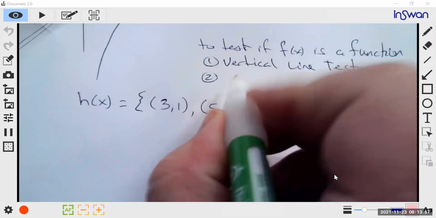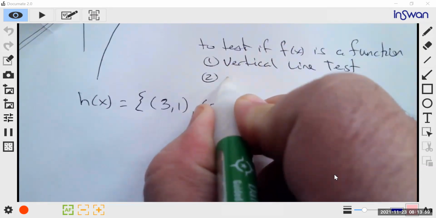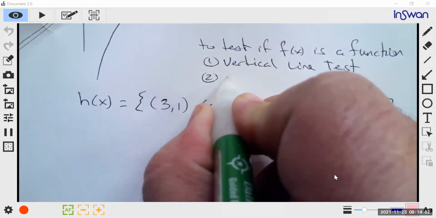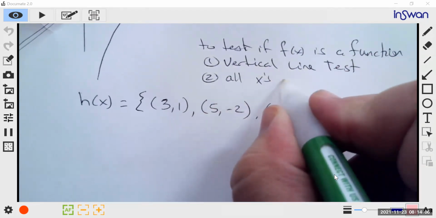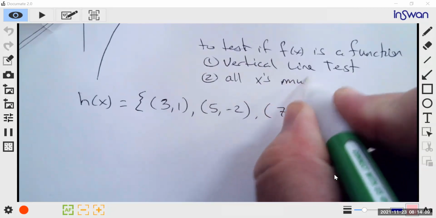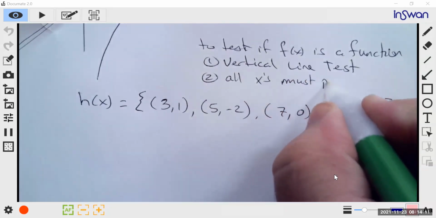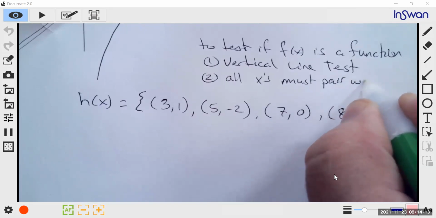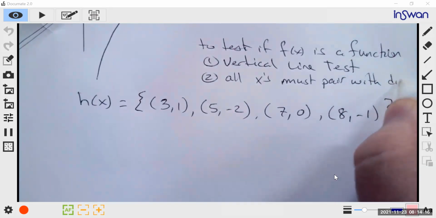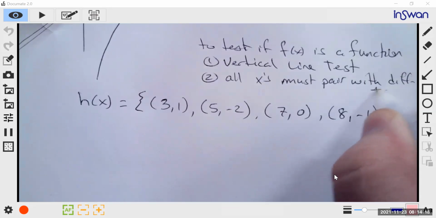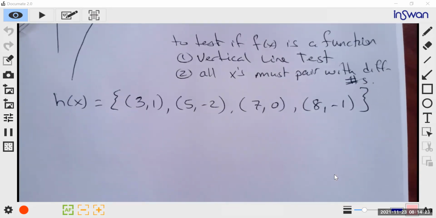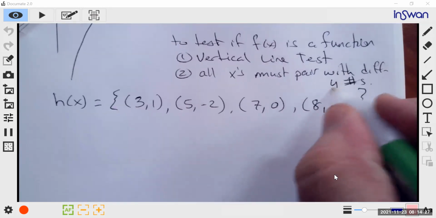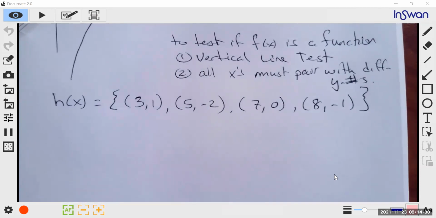And then we know that all x's must pair with different y numbers.